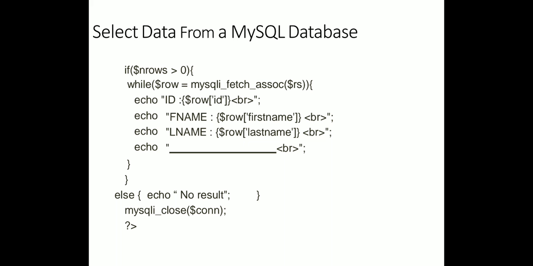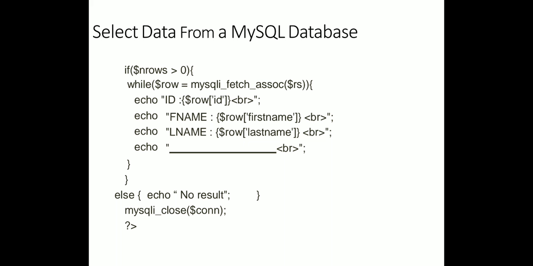Then echo lname, the last name. Every record must be in one row, and after that I have printed simply echo a dashed line, which will separate the records from one another.